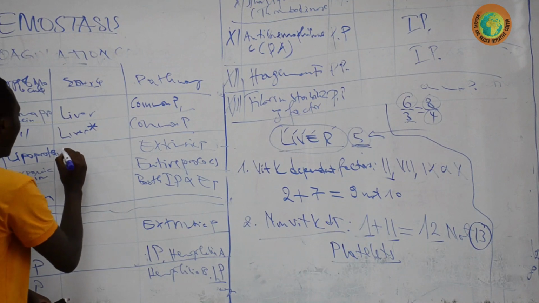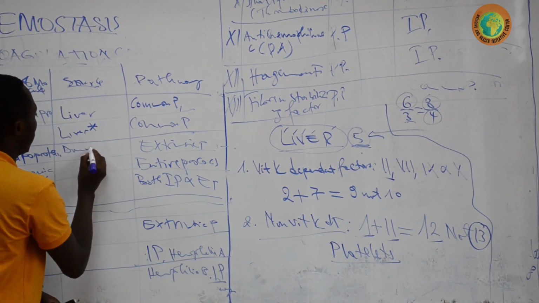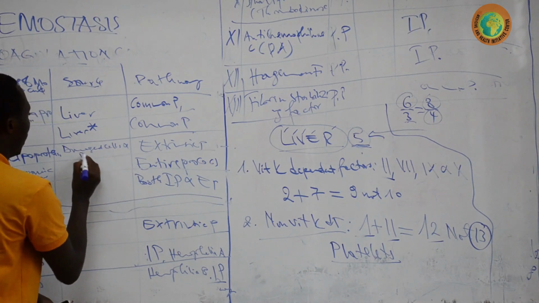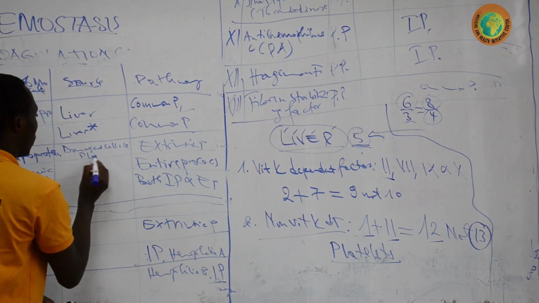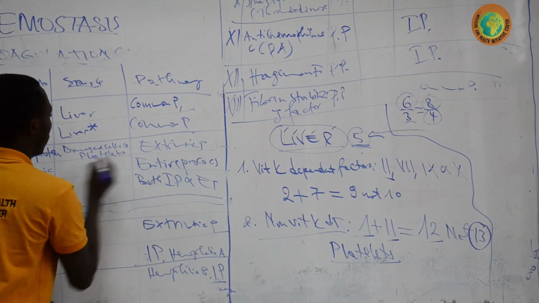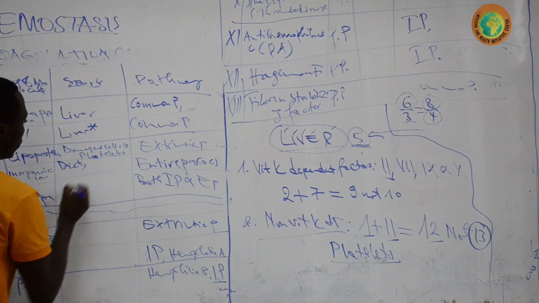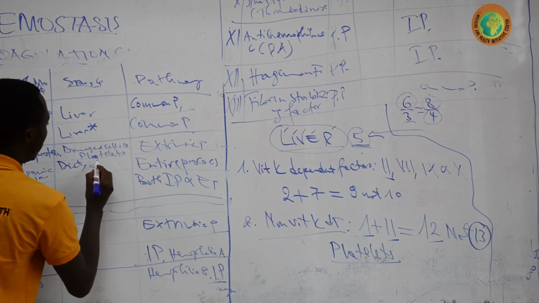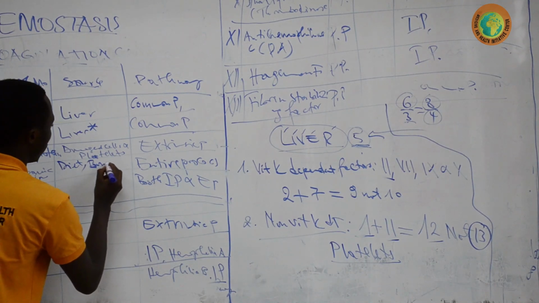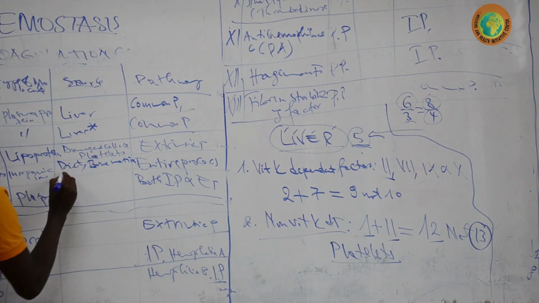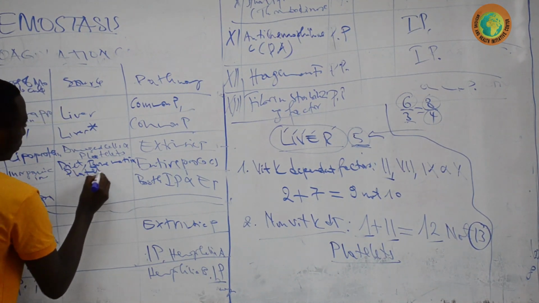Factor 3 is by damaged cells and platelets. Factor 4, we have said it's from diet, from bone matrix, and the platelets.